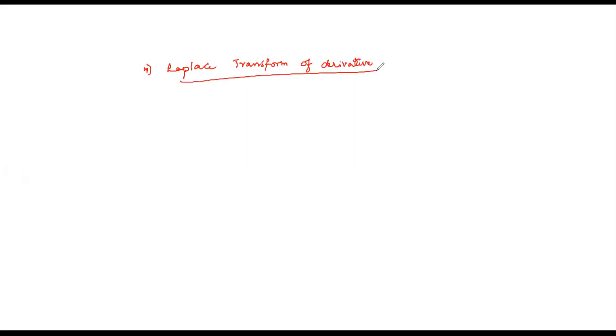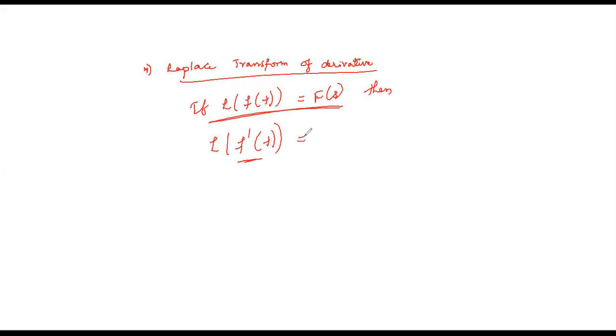The statement is: if the Laplace transformation of f of t is equal to F of s, then this is common for all. Then the Laplace transformation of f dash of t, the derivative property, is equal to s into the Laplace transformation of f of t minus f of 0.